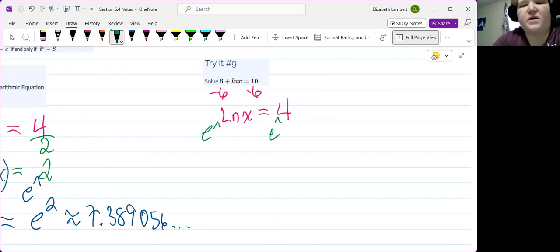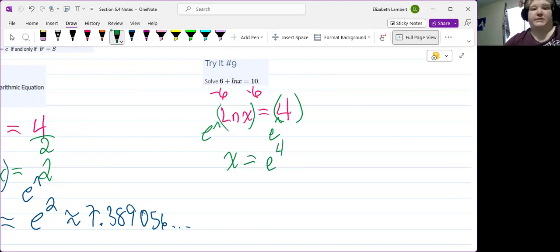Now we use our exponential as the inverse of the natural log, and we get x is e to the 4th, which is some number that's even bigger, 54.598.